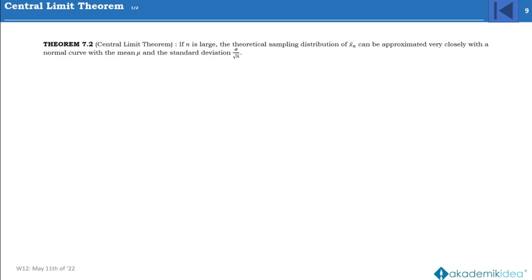A noteworthy aspect of this theorem is that it contains no specification about the population. To be precise, we might add that the population must have a finite standard deviation sigma. This means that when n is large, the theoretical sampling distribution of sample means will be close to a normal curve regardless of the shape of the distribution of the population.